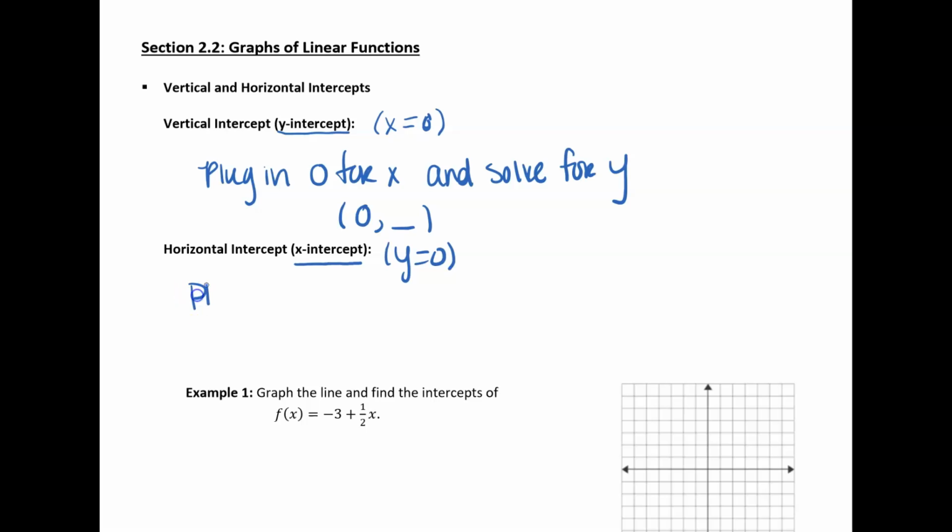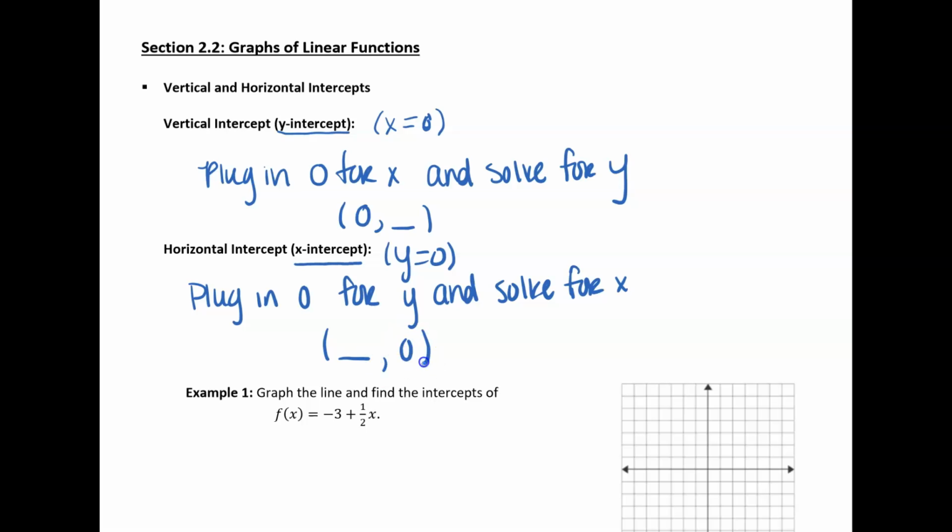Plug in 0 for y and solve for x. We do a whole lot of solving for x, and you know that because you've taken math courses before. So finding those x-intercepts is something we'll do quite a bit. Your answer is going to look like something, comma, 0.